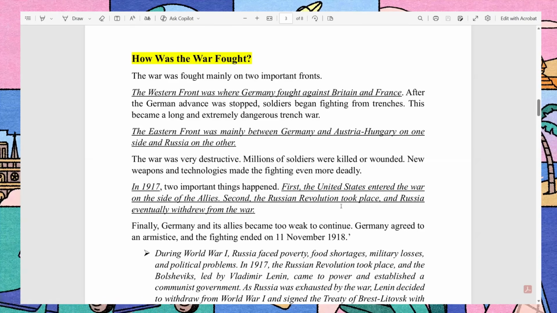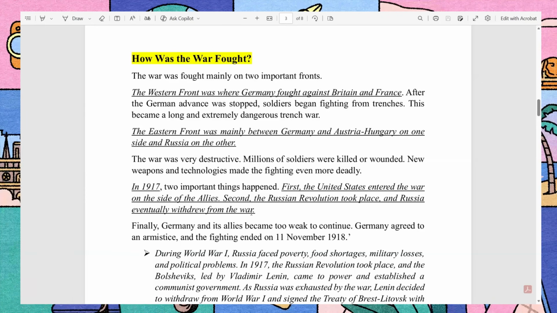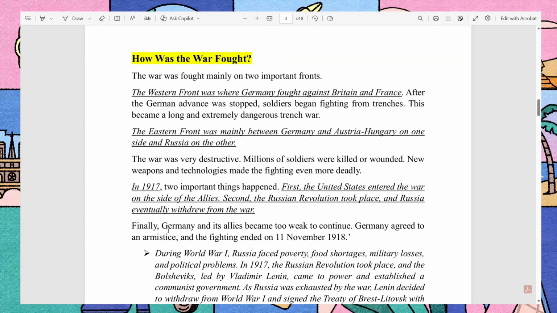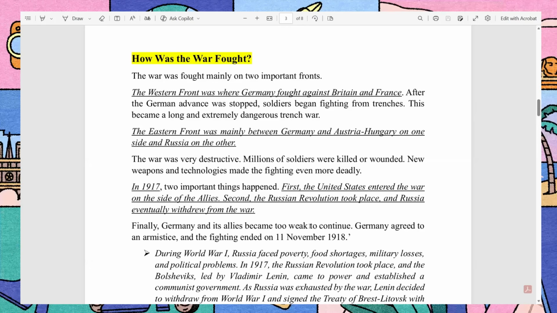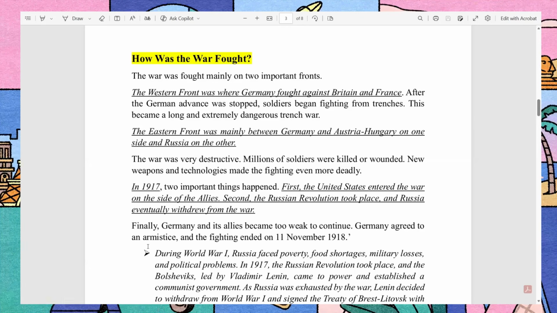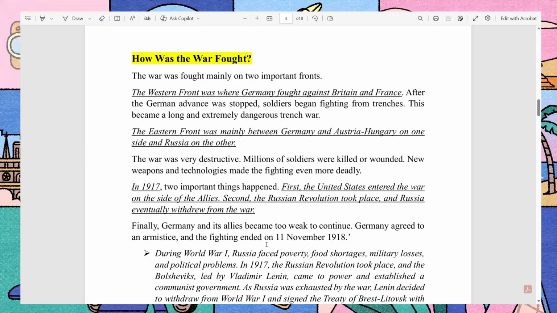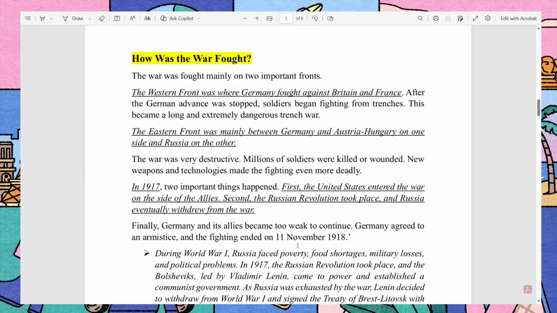Second, the Russian Revolution took place and Russia eventually withdrew from the war. Finally, Germany and its allies became too weak to continue. Germany agreed to an armistice and the fighting ended on 11 November 1918.